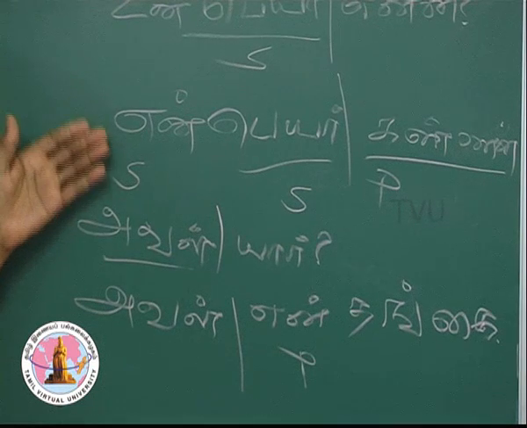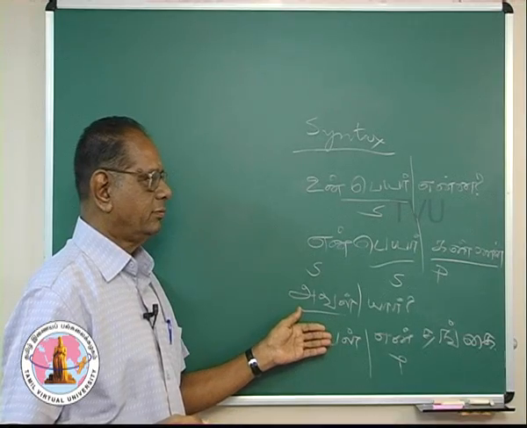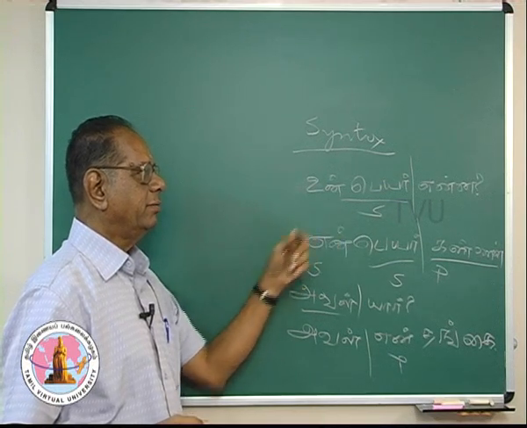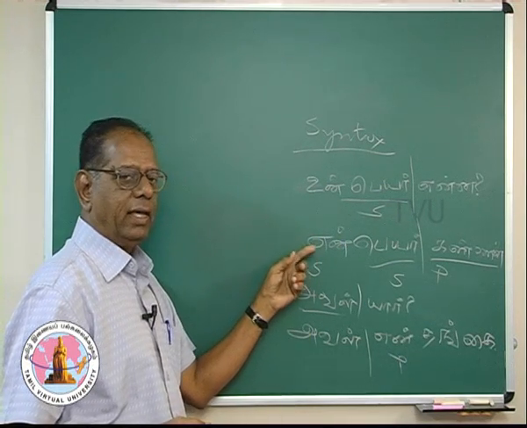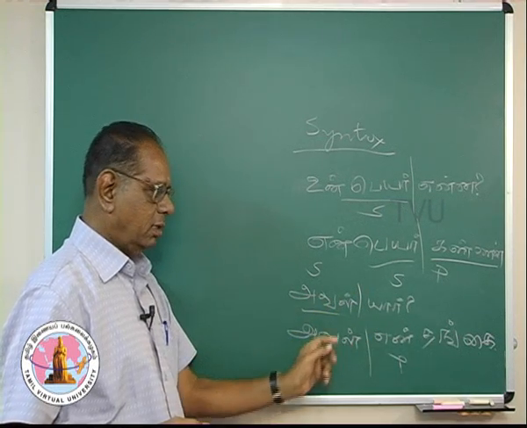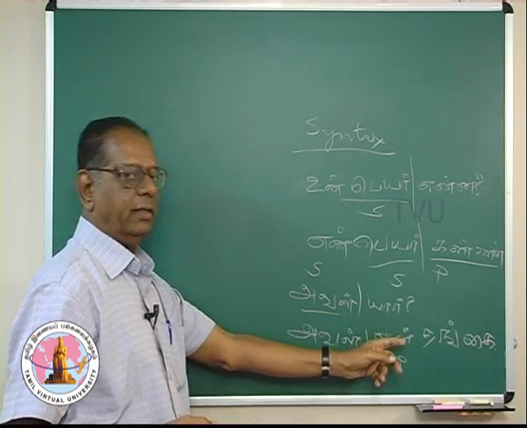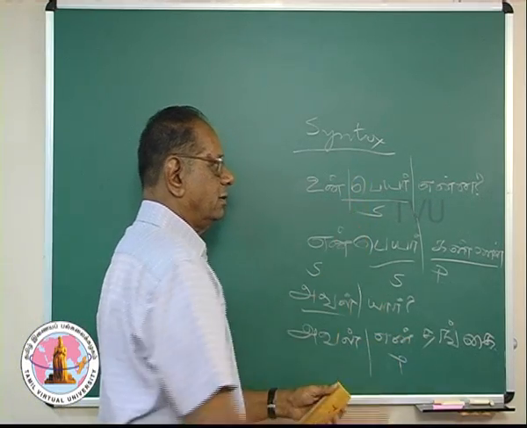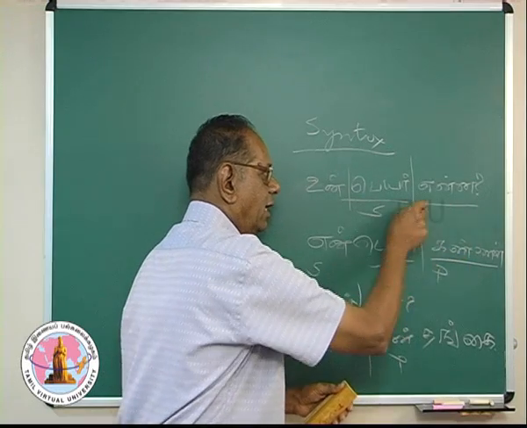Here are 4 sentences. One is உன் பெயர் என்ன? என் பெயர் கண்ணன். அவள் யார்? அவள் என் தங்கை. So, பெயர் is the subject. என்ன is the predicate.